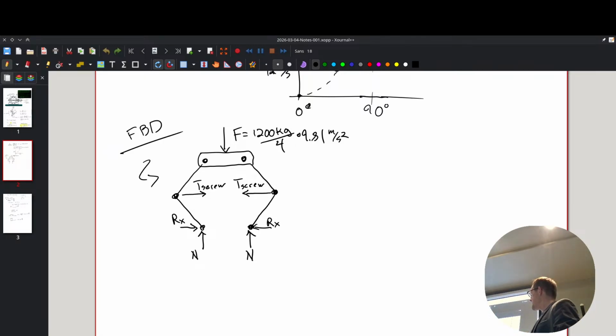Last time, is it coming up? This was the free body diagram that we came up with. So, what does that tell us? What do we know from this free body diagram? Does it tell us anything?